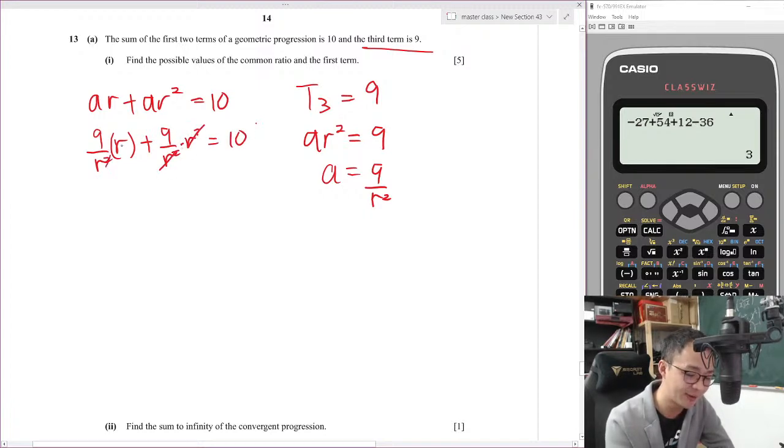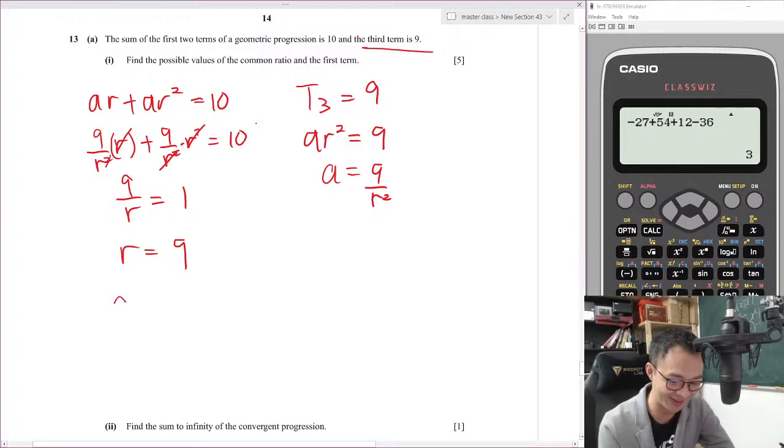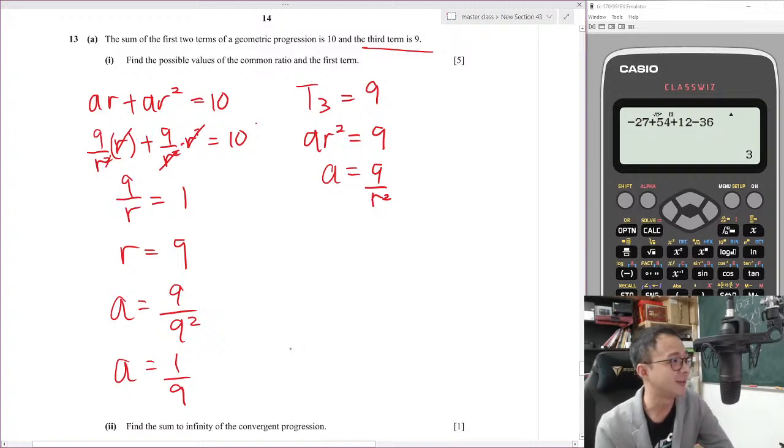Simplify it. So 9 over R equals 1. R equals 9. Okay, that is easy. I expect something a bit harder. So 9 over 9 squared, which is 1 over 81. 1 over 9, sorry, which is 1 over 9.